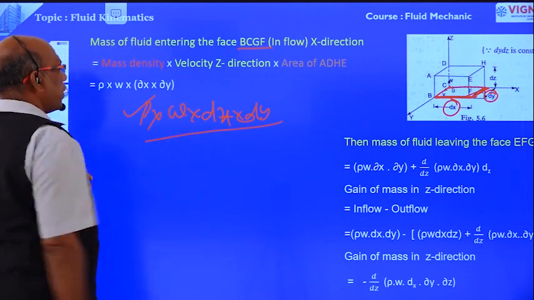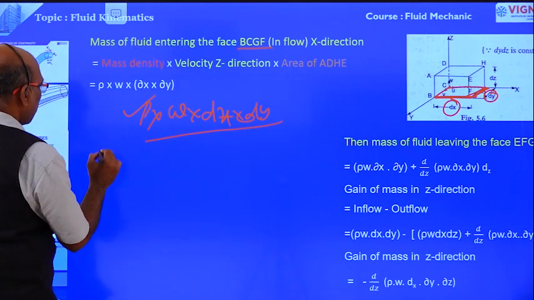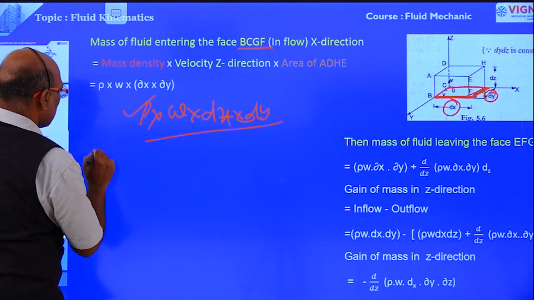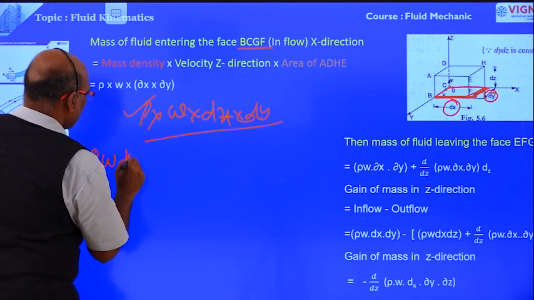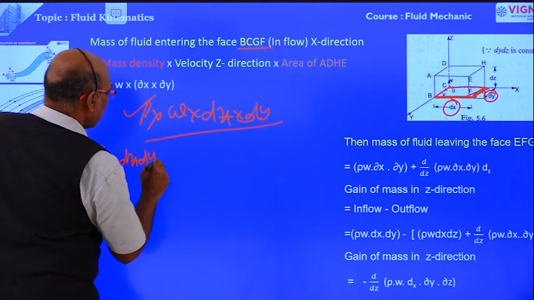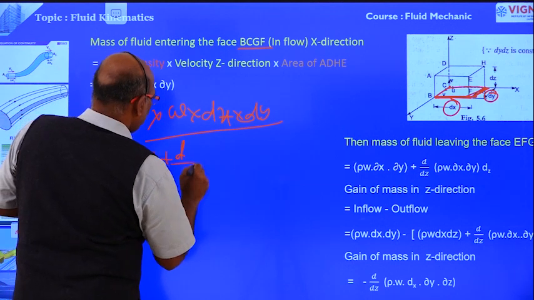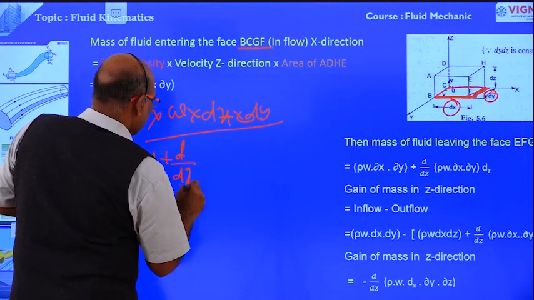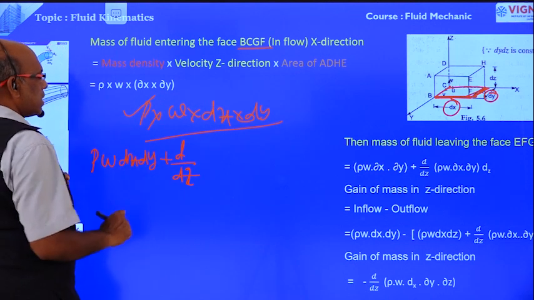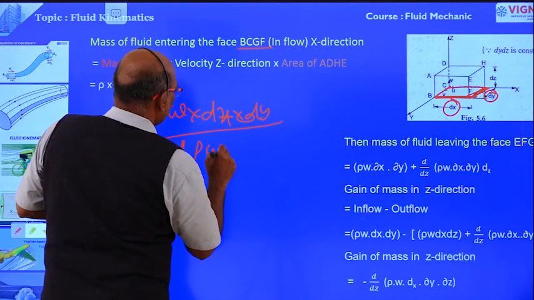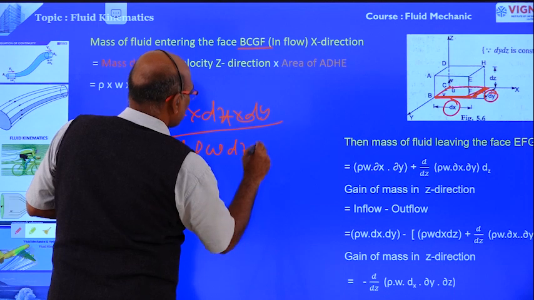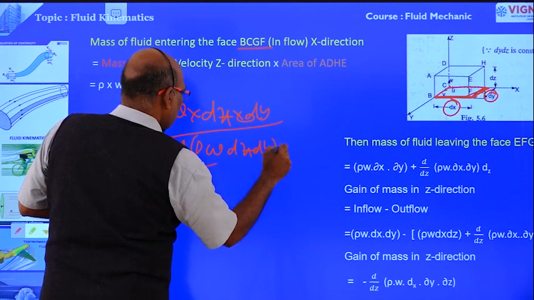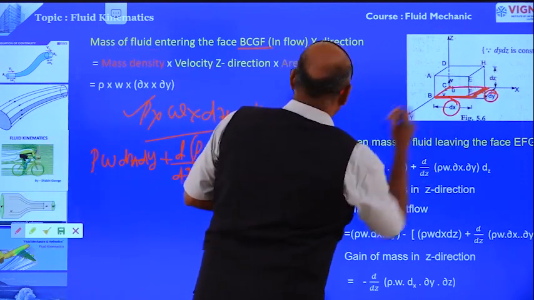Therefore, this is the mass of fluid entering. Mass of fluid leaving in the z direction is equal to rho w dx dy plus d by dz of rho w dx dy into distance traveled delta z.